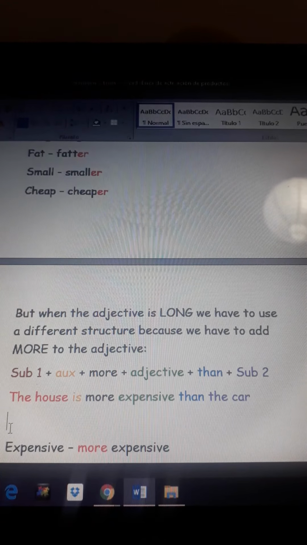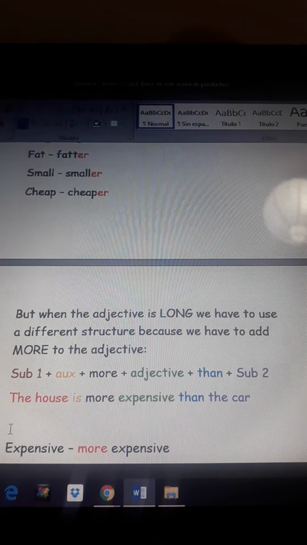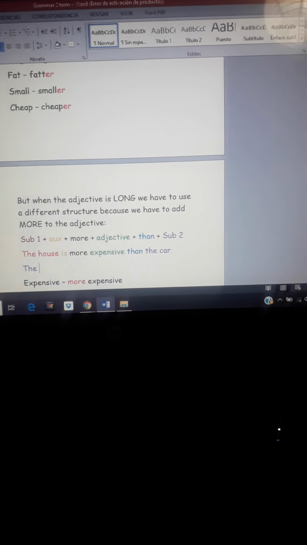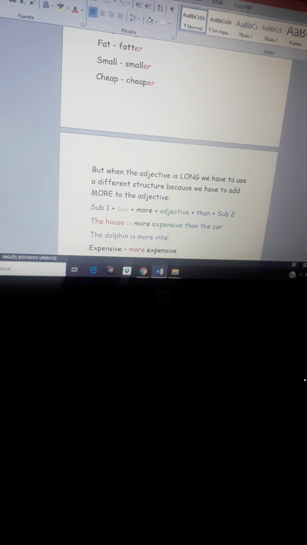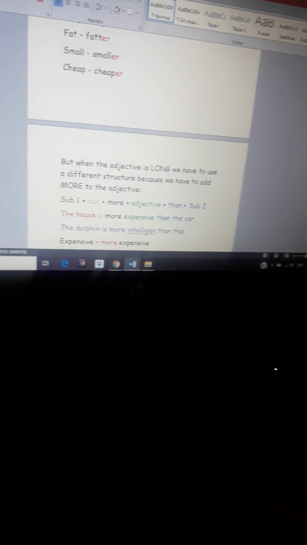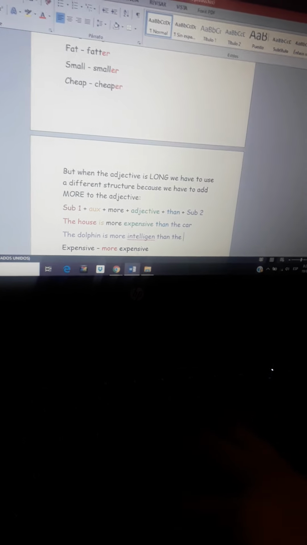Another example, we can say, let me move the dolphin. Dolphin is more intelligent than the fish.